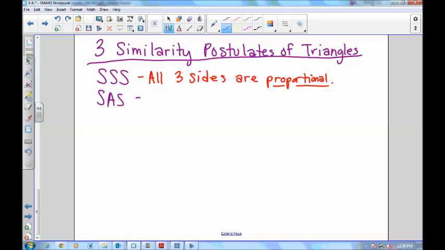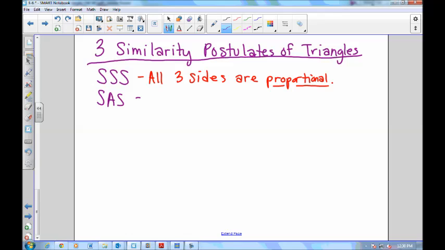Okay, Zach? Yep. Okay, listen carefully what he says about sides and angles, please. 2 sides of a triangle are proportional to 2 corresponding sides of another triangle, and the corresponding included angles are congruent. Whew, okay, it's a mouthful.